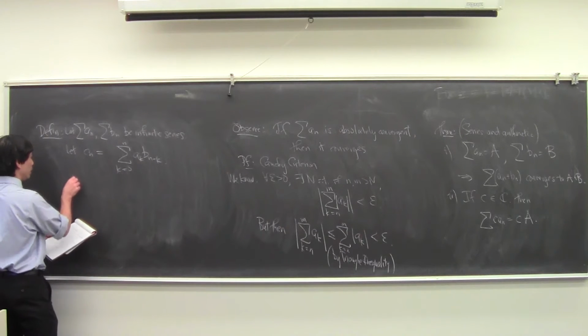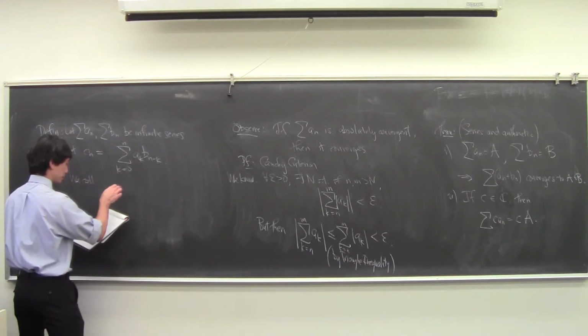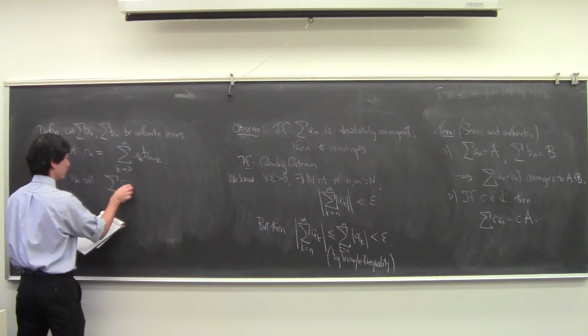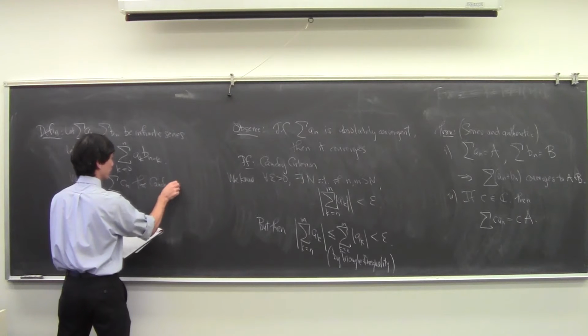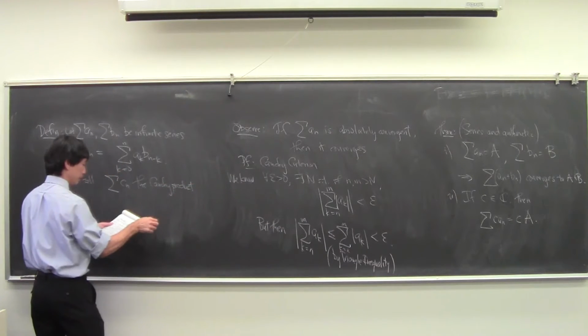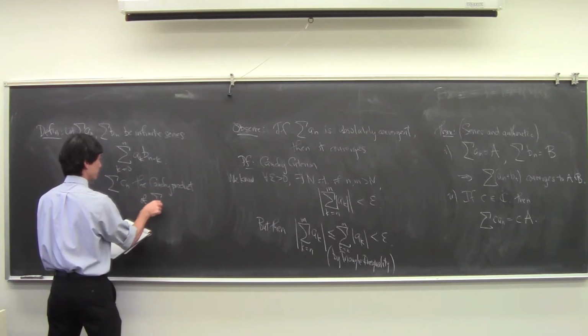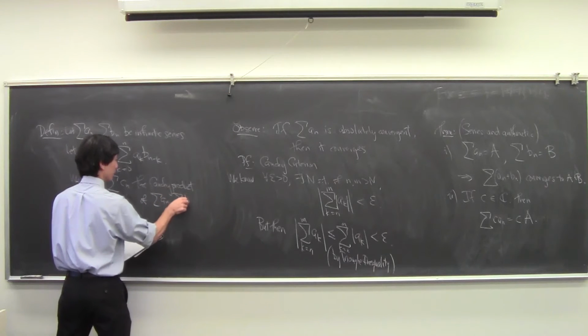Then we call the sum of the c sub n the Cauchy product of the two series, sum a sub n and sum b sub n.